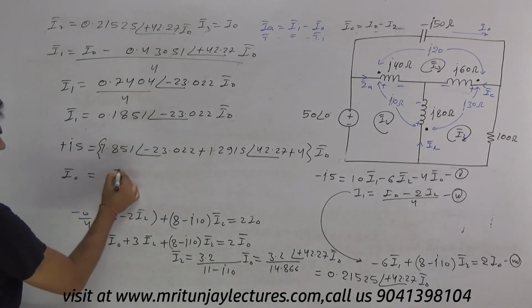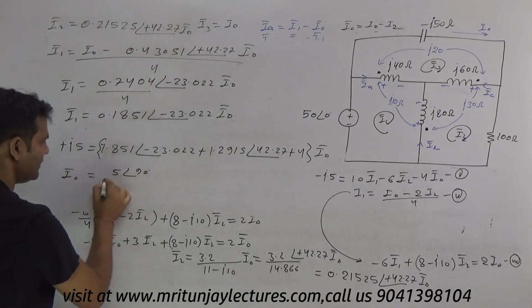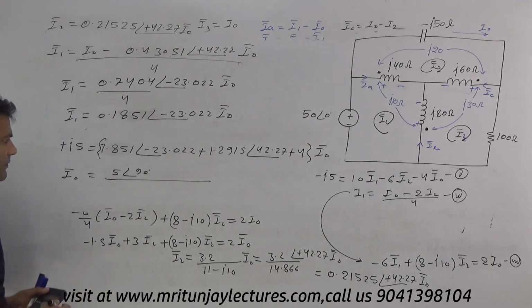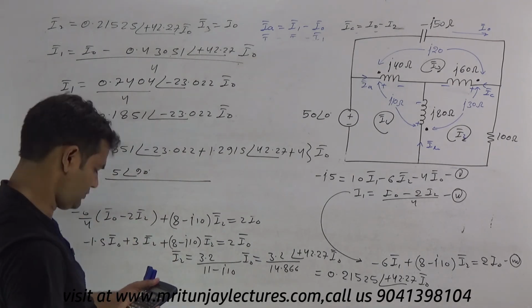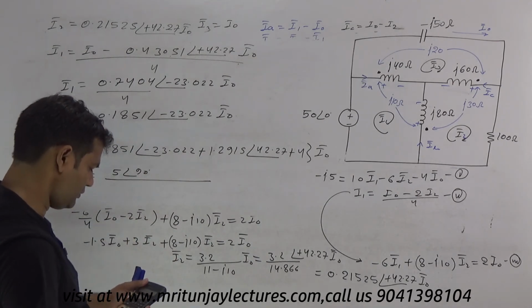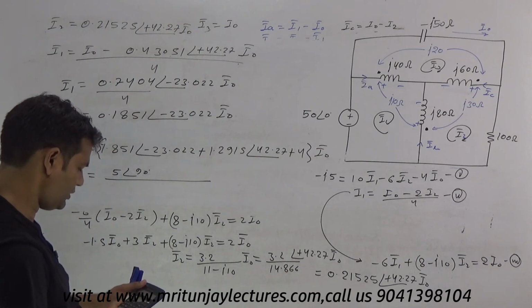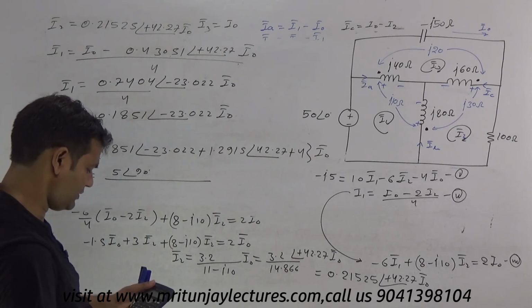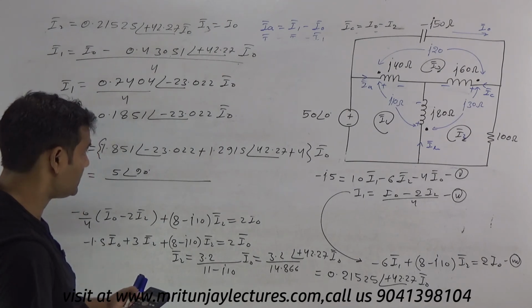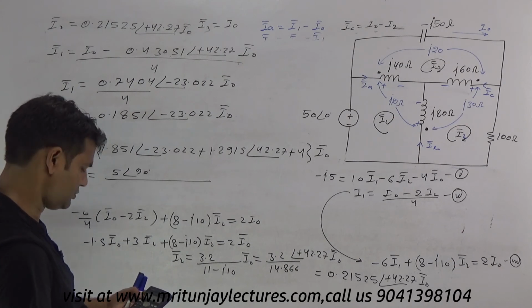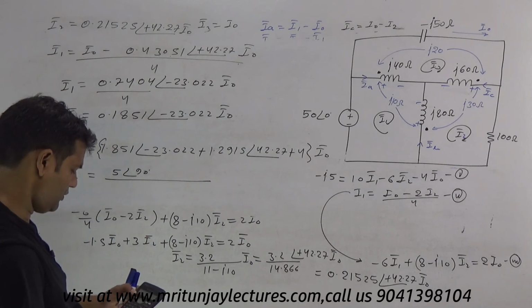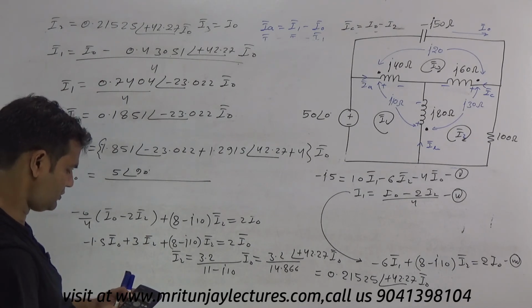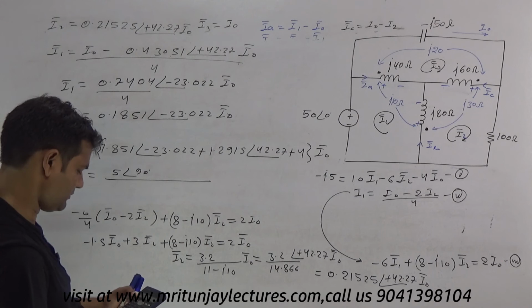So 5 at the angle 90 whole divided by 4 plus 1.2915, 4 at the angle 0 plus 1.2915 at the angle 42.27.